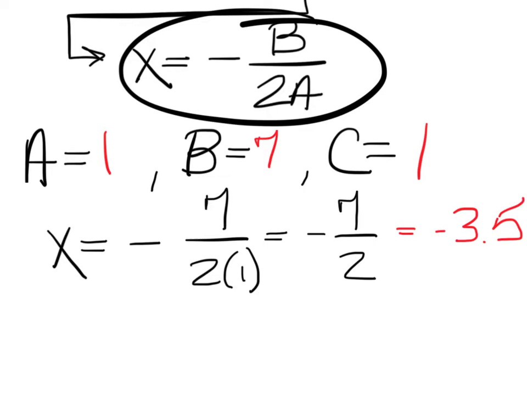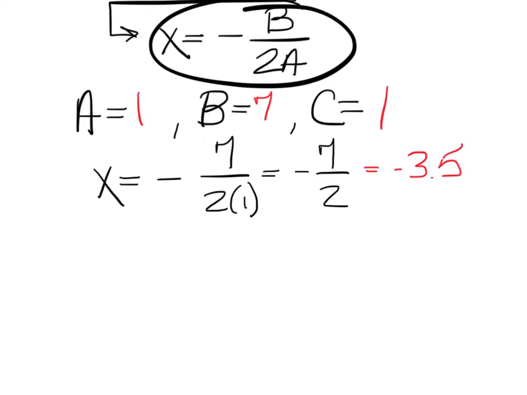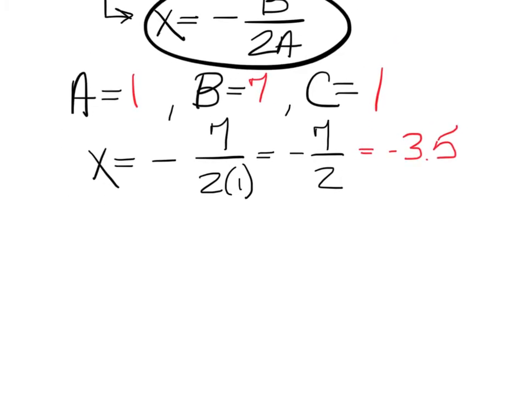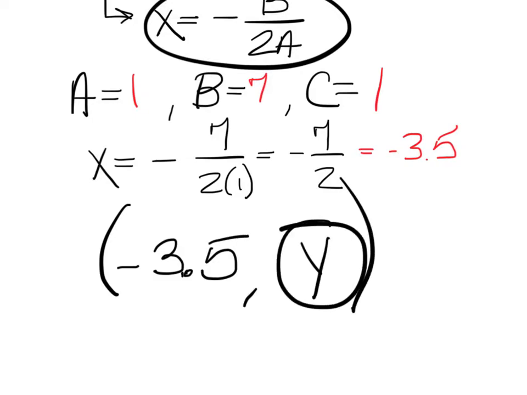That is your x value. We found negative 3.5, but we still don't know y. To find y, you must use what you just found and plug it back in to the function above.